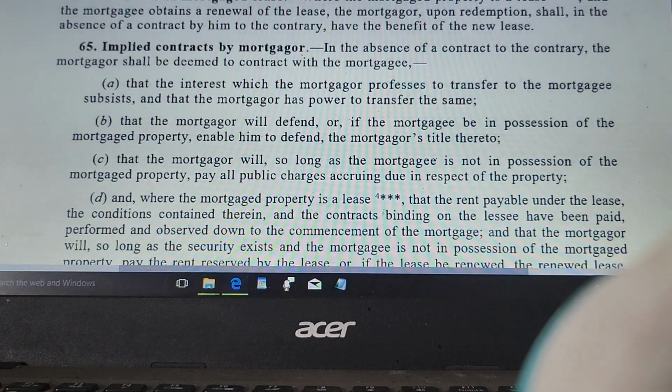C. That the mortgagor will, so long as the mortgagee is not in possession of the mortgage property, pay all public charges accruing due in respect of the property.